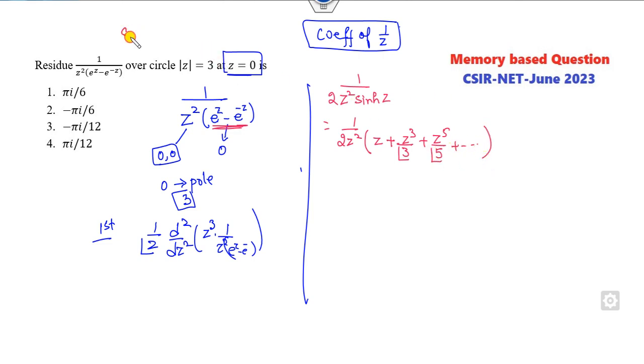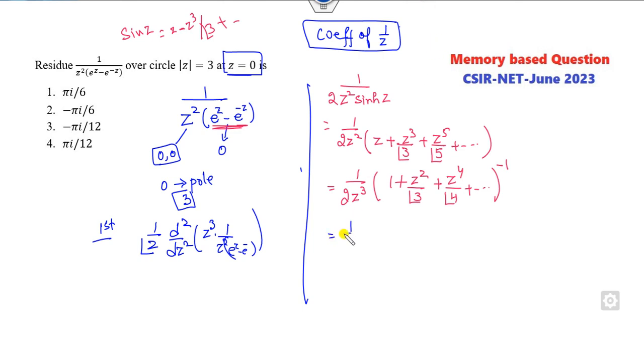We all know sine of z is z minus z cube over 3 factorial and so on, with alternating plus and minus signs. Hyperbolic is always plus. I can take z common, so it's z cube. The rest I can write as 1 plus z square over 3 factorial, z to the 4 over 5 factorial, and so on, over minus 1.